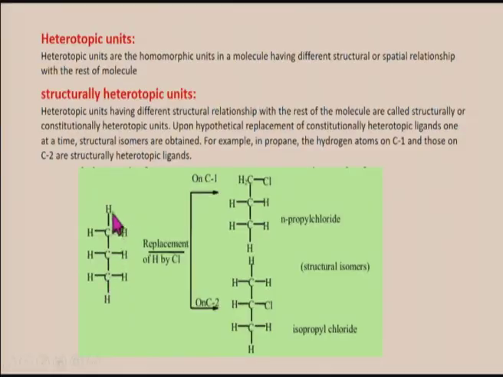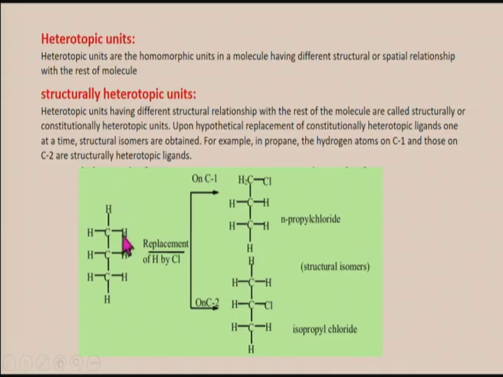For example, here we take this propane molecule and replace one of the hydrogens with chlorine, a substitution criterion, and we get N-propyl chloride.